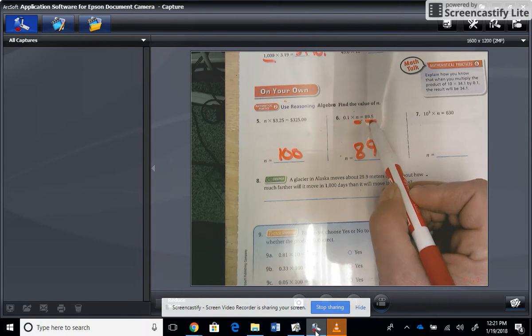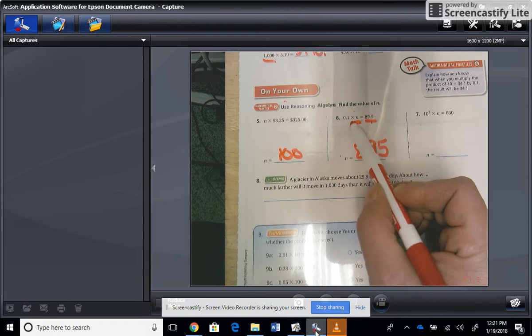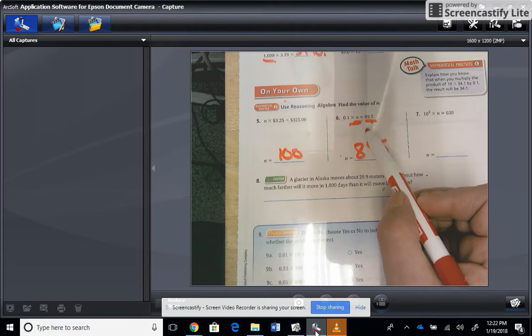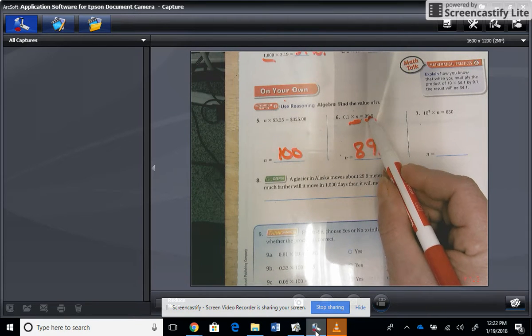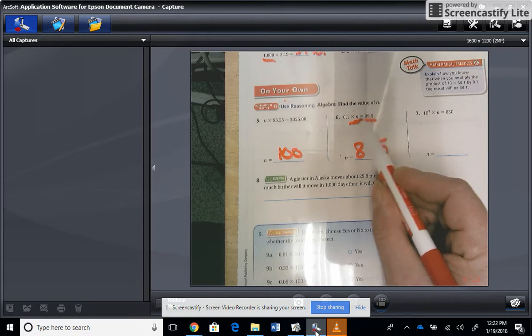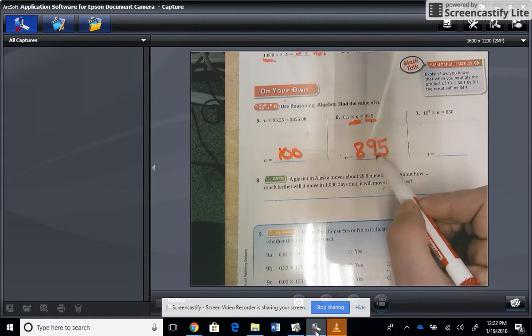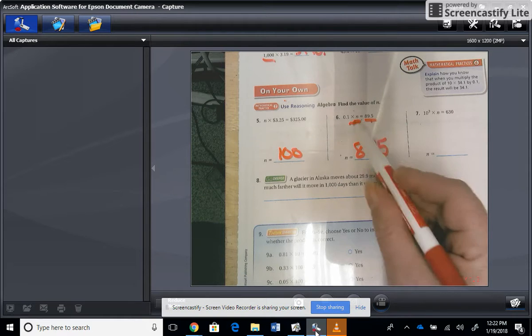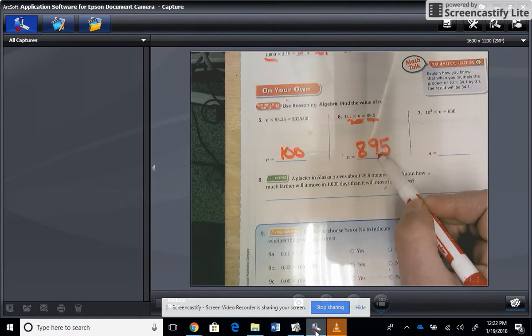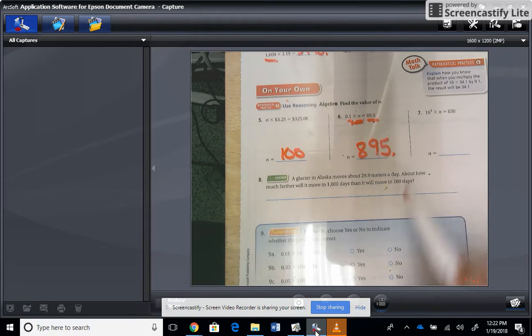If this number is smaller, then this number has to be greater. So it's kind of thinking the opposite. To make this number larger, I've got to move my decimal to the right. 1/10 tells me I'm moving it one place. So if it was here and I move it here, I now have 895.